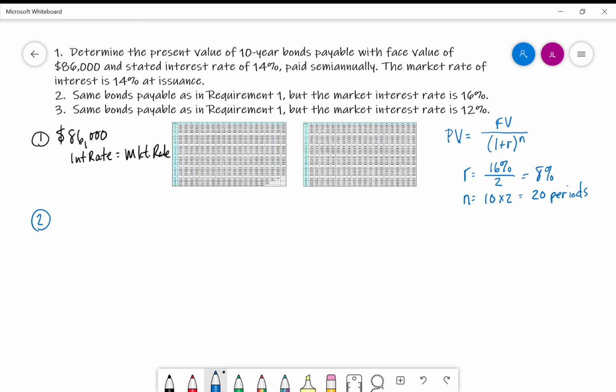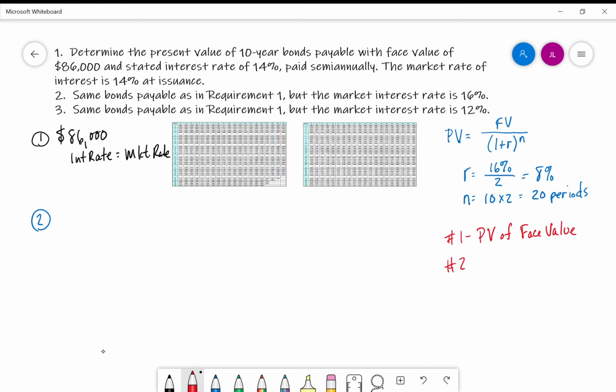And I want to write this down somehow. When we're calculating bonds, there are 2 things we need to calculate. Number 1 is the present value of the face value of the bond. That's the first thing we have to calculate.